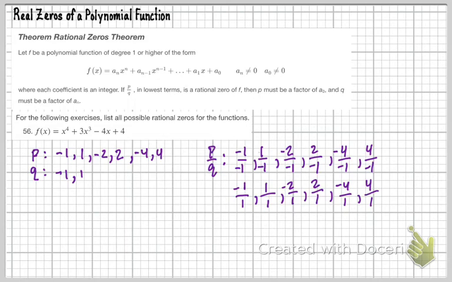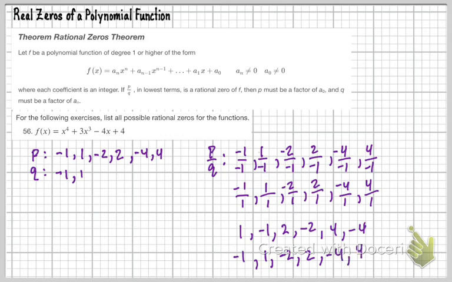When I clean these lists up, or simplify them, I'll start with the top one and write those down below in simpler terms: 1, negative 1, 2, negative 2, 4, negative 4. I'm going to do the same thing with the bottom list, just below that one, and that's going to be negative 1, 1, negative 2, 2, negative 4, 4.